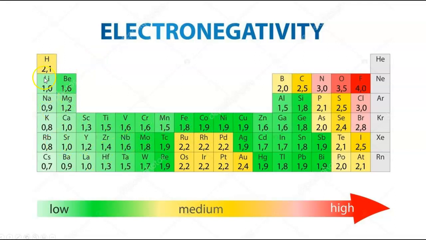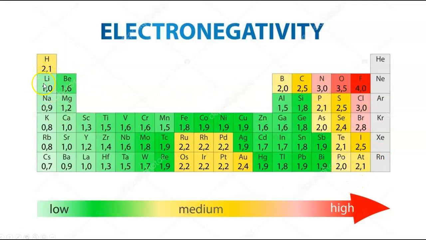And we can quickly see that the electronegativity is very much lower here on the left side than it is on the right side. The noble gases, they don't have any electronegativity because they're happy. So basically, the ones on the right have much higher electronegativity than the ones on the left. And if you go from the bottom to the top, you also have higher electronegativity in general.